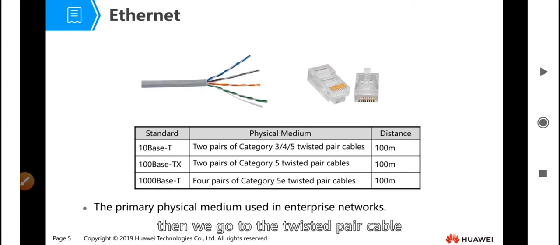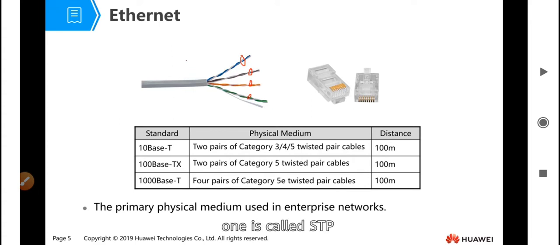Then we go to the twisted pair cable. Twisted pair cable is widely used nowadays, and we can see in the twisted pair cable there are 8 lines, and each 2 of them are twisted together. The twisted pair has 2 types.